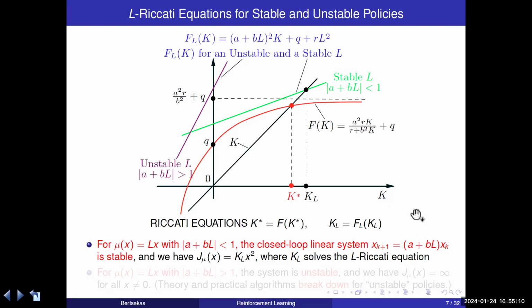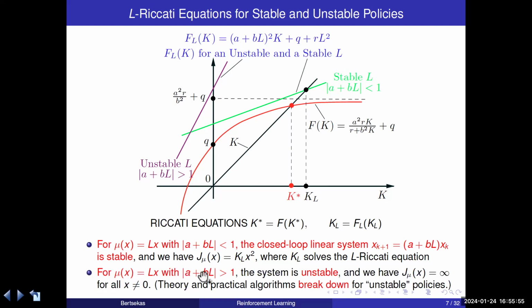It goes like this, or maybe like this, if A plus BL is negative. Such a system we call stable if it tends to the origin, regardless of the initial condition and without any control. The control is already taken in through this equation. It's policy Lx. Now, in this case, we have the slope being less than 1. We have a stable system, and the corresponding cost coefficient of the policy is obtained by solving the L-Riccati equation. It's this point here.